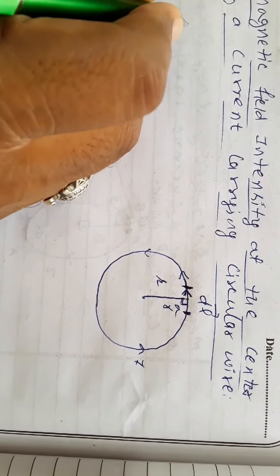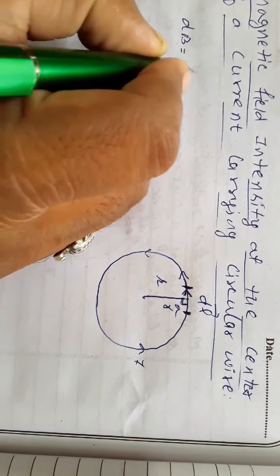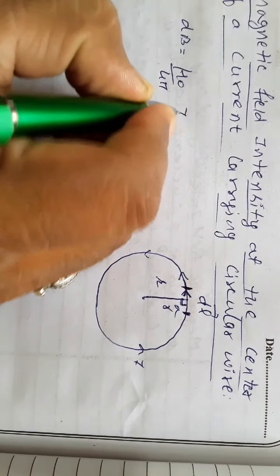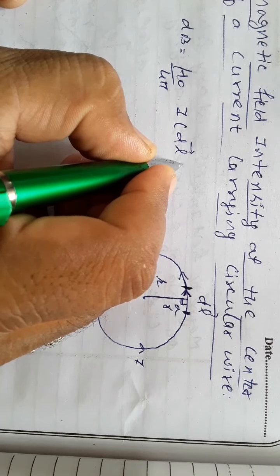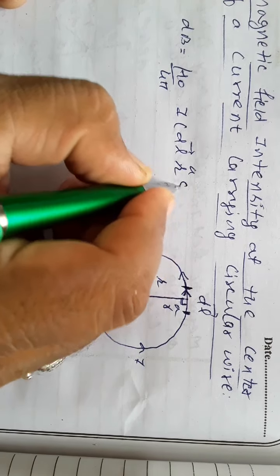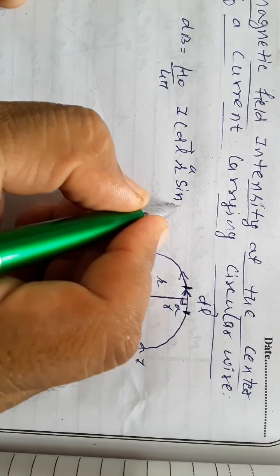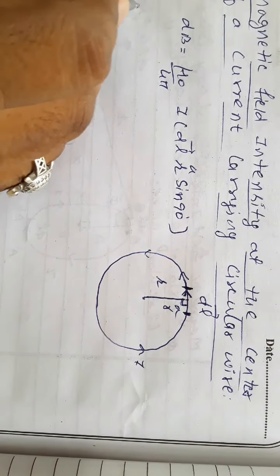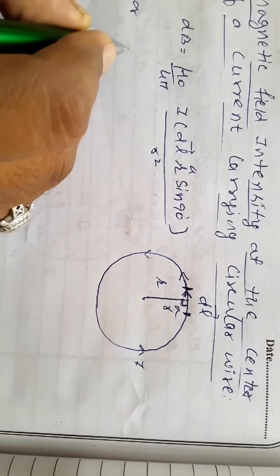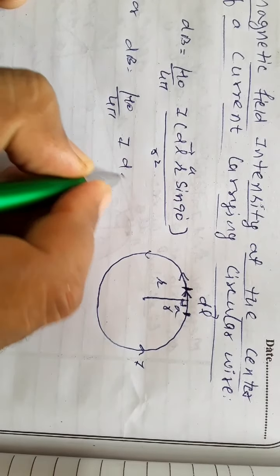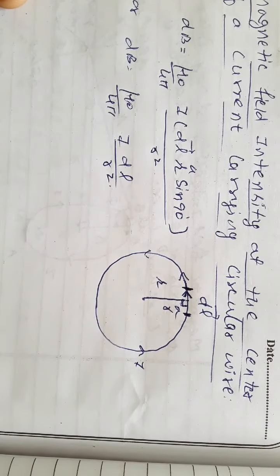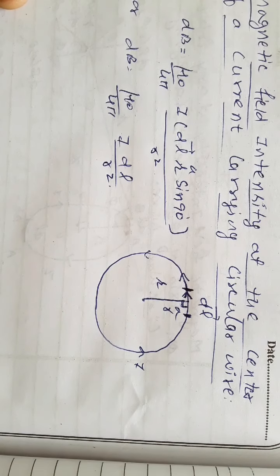According to Biot-Savart's law, we can write dB is equal to mu naught upon 4 pi I into dl cross r cap into sin 90 degrees, or dB is equal to mu naught upon 4 pi I into dl upon r square. The value of r cap is 1 and the value of sin 90 is 1, so we get dB is equal to mu naught upon 4 pi I dl upon r square.